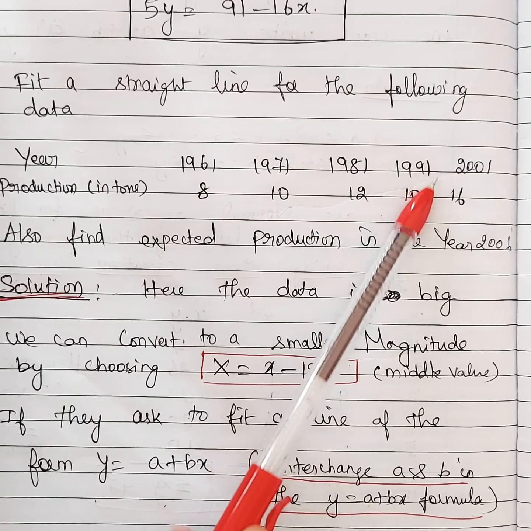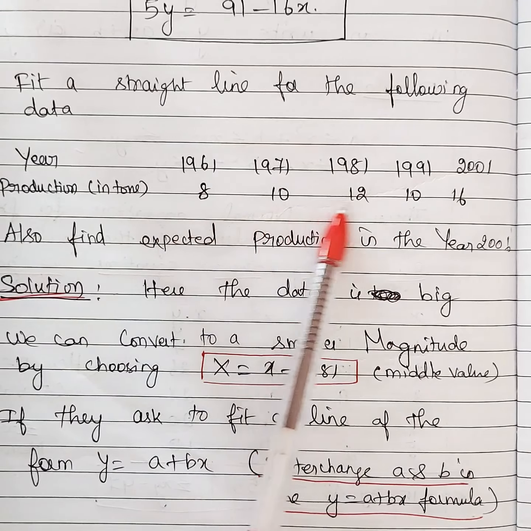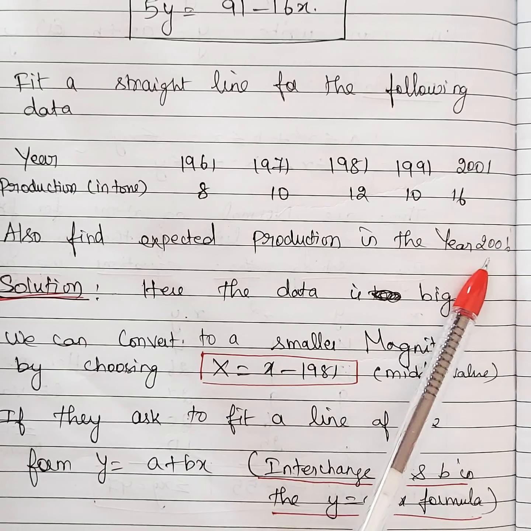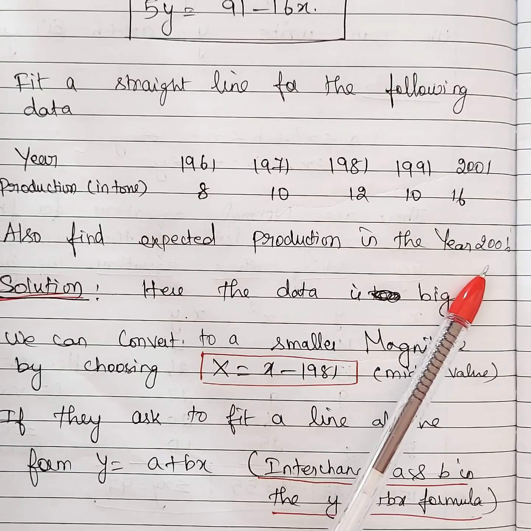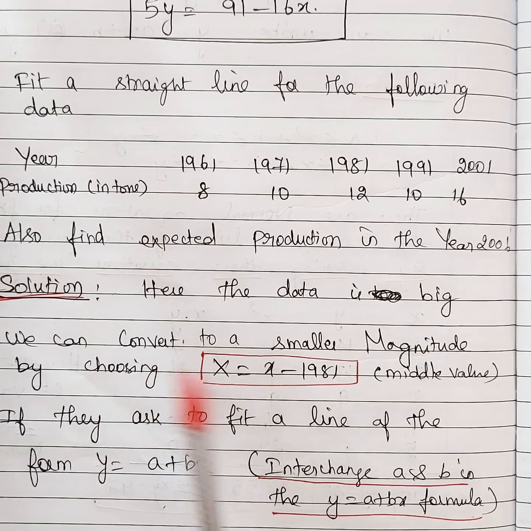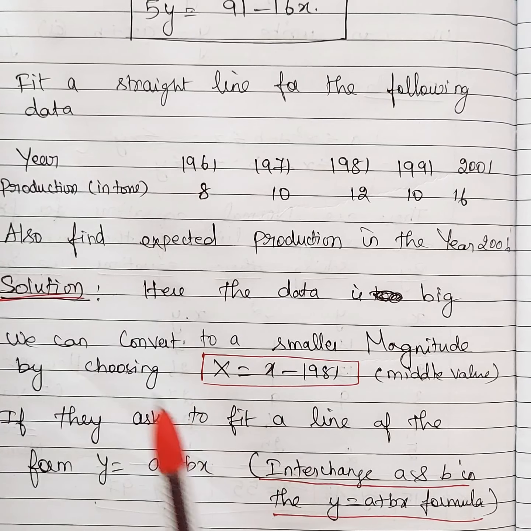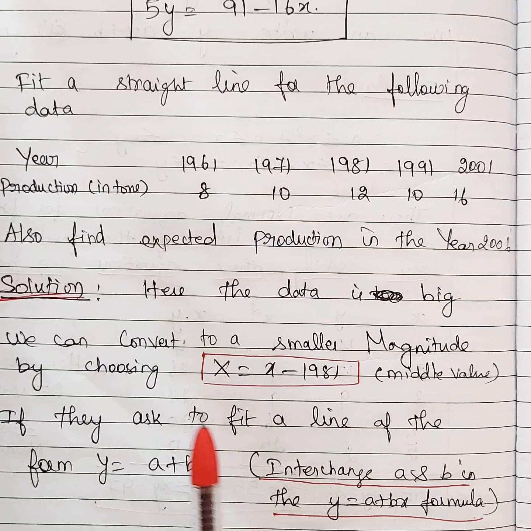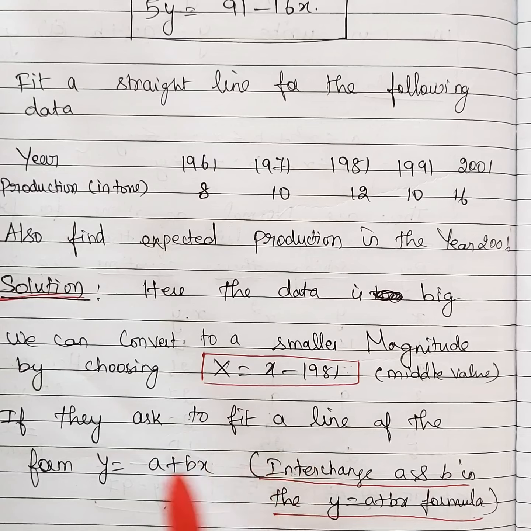They have given the data till 2001. So by seeing their performance, we are going to guess or predict what could be the production in the year 2006. Since the data is too huge, as I told you, we can choose a value so that we can convert it to a smaller magnitude.